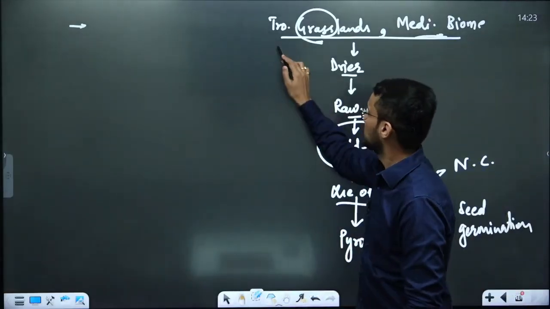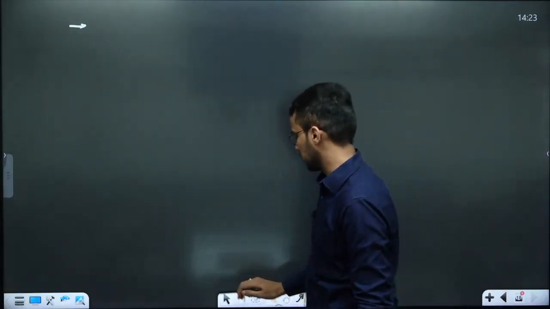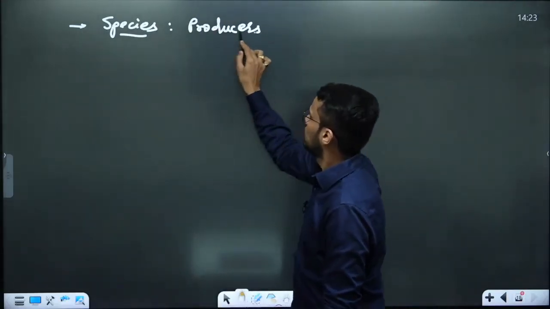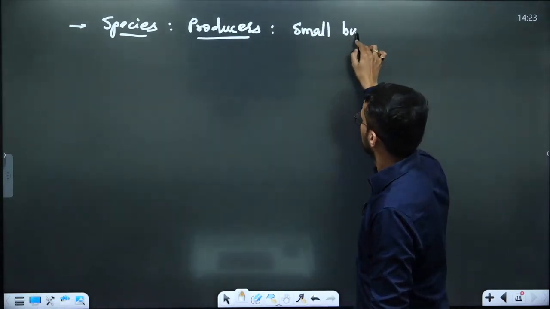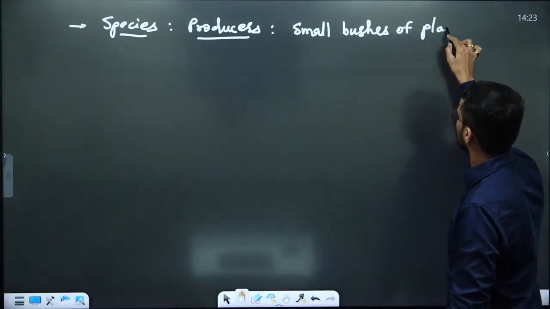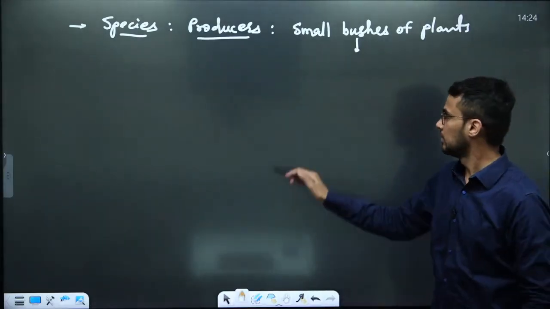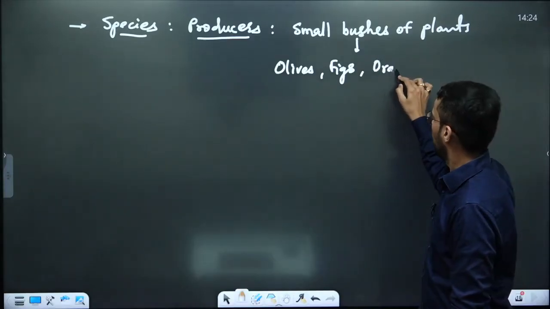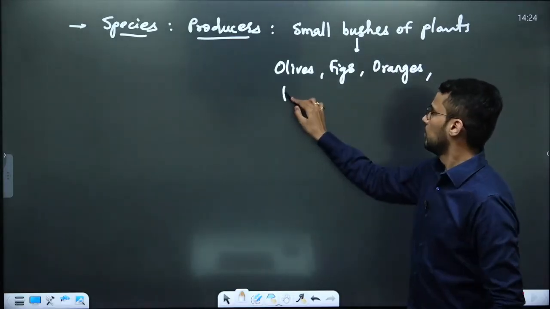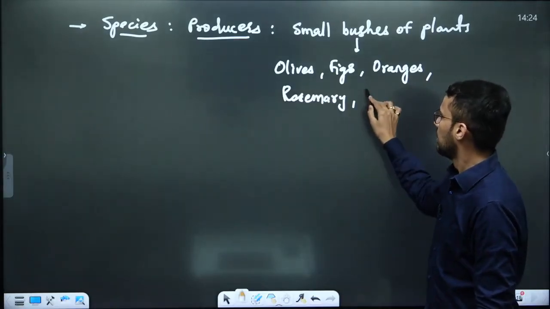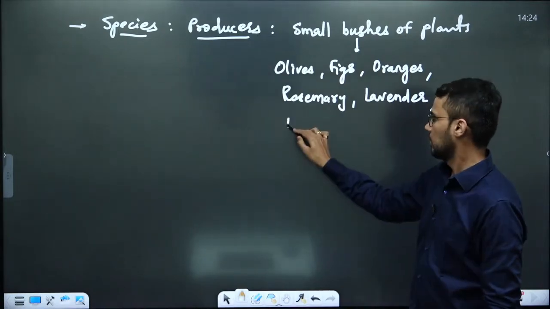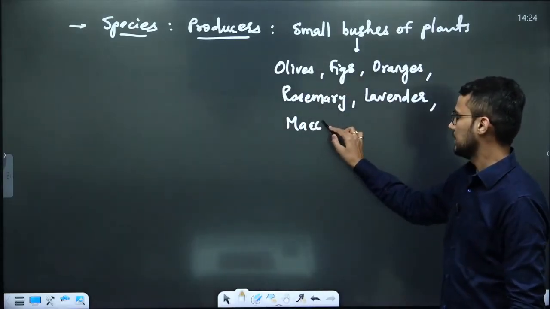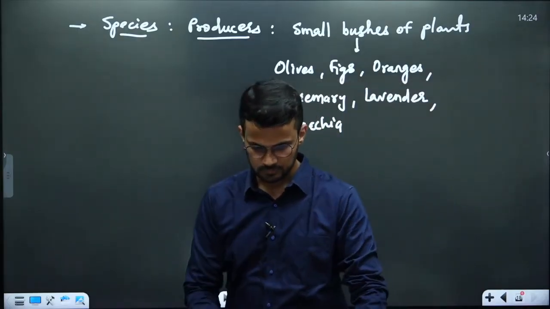So coming back to our discussion of species, pehle producers, you can write small bushes of plants like olives, figs, oranges, rosemary, lavender, maquis, MACCHIA, maquis. ठीक है.